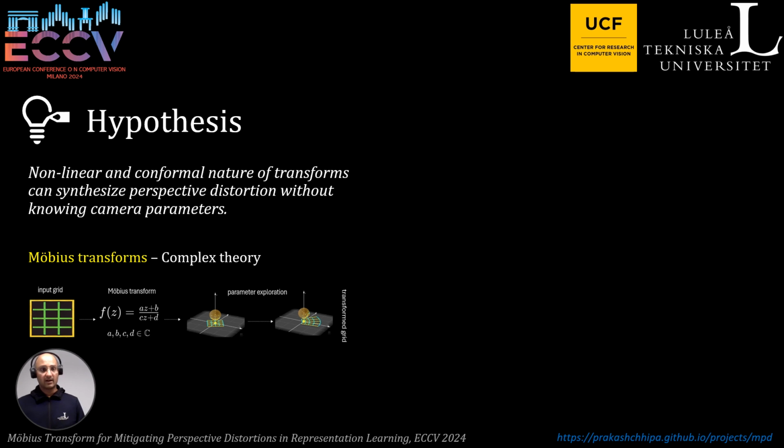So in this work, we focus on synthesizing perspective distortions by understanding their basic scientific properties, being non-linear and non-conformal, and we wanted to do it without knowing the camera parameters, as those parameters are always unknown to us. One such theory from complex analysis in mathematics is Möbius transformations.